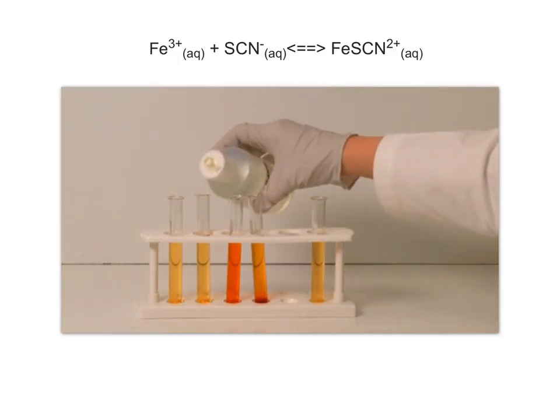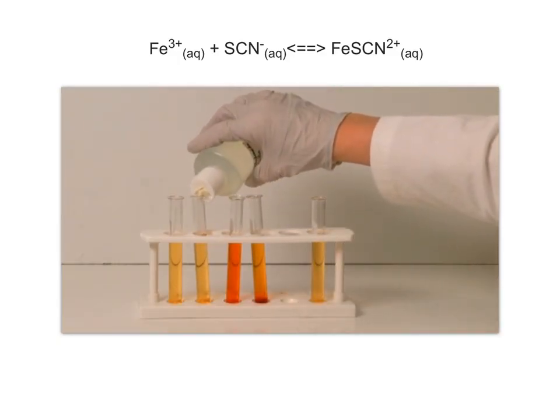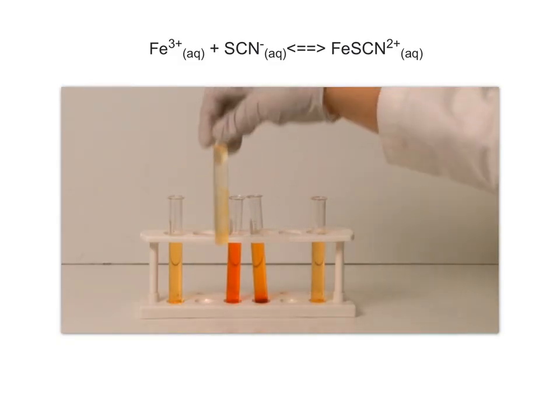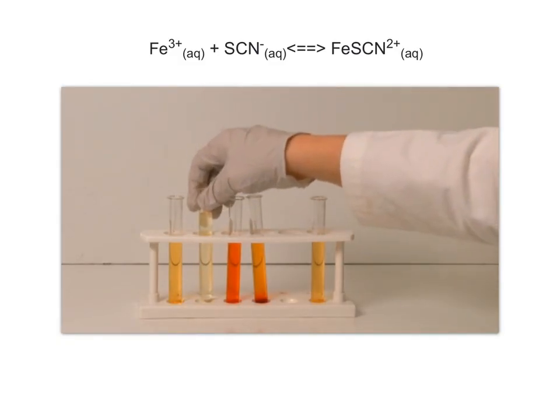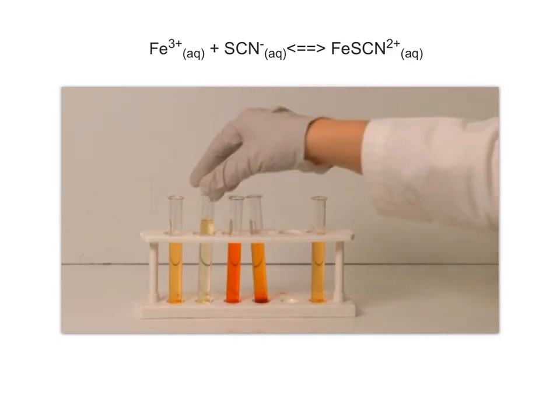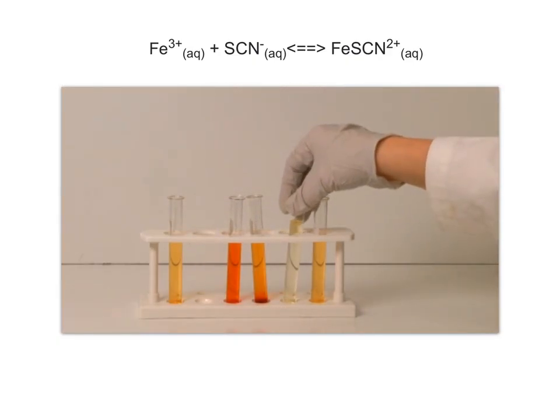When a solution of sodium hydroxide is added, the color lightens, indicating that the concentration of FeSCN2+ has been reduced. We conclude that the reverse reaction continues at the same rate, but the rate of the forward reaction is reduced. The concentration of FeSCN2+ decreases until equilibrium is reestablished.